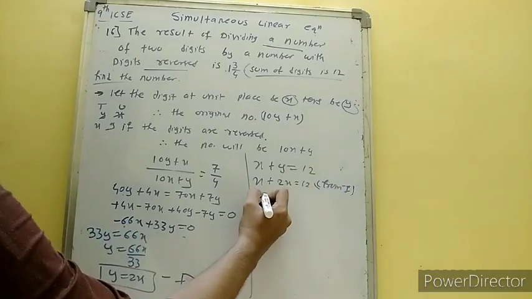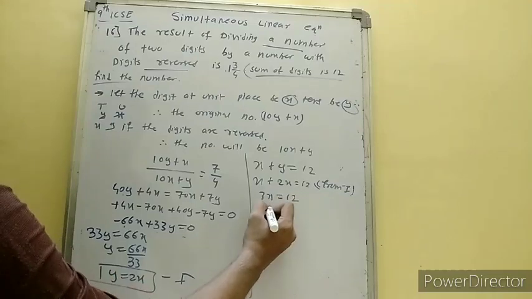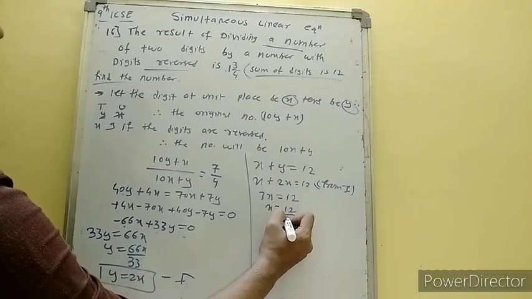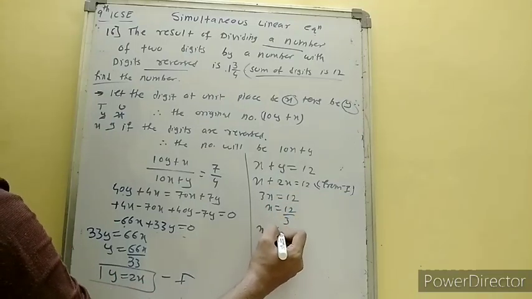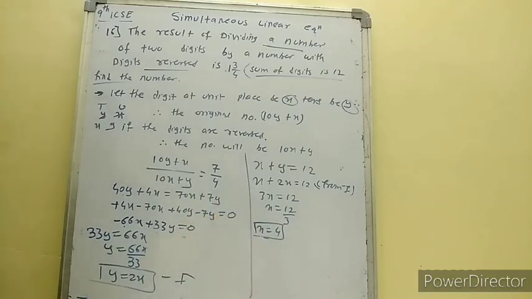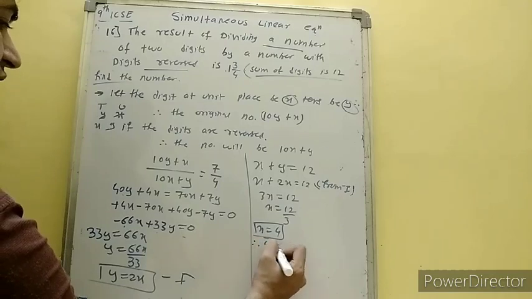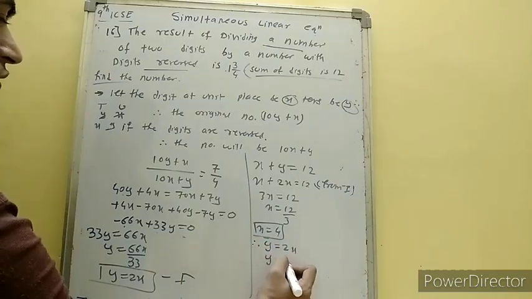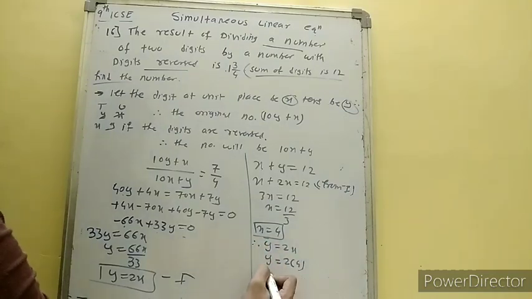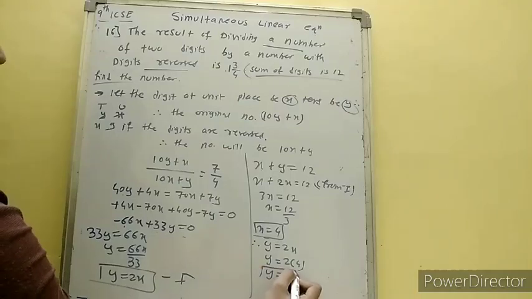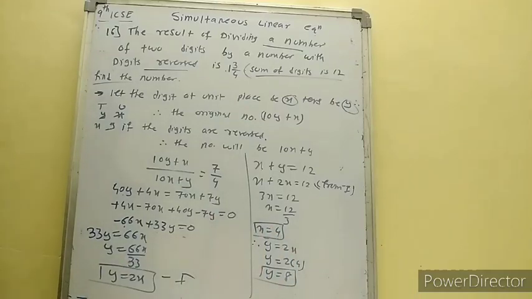So we have 3x is equal to 12, x is equal to 12 upon 3, 3 4s are 12. So x is equal to 4. Therefore y is equal to 2x, y is equal to 2 into 4, so y is equal to 8. So x is equal to 4 and y is equal to 8. Therefore what is the original number?